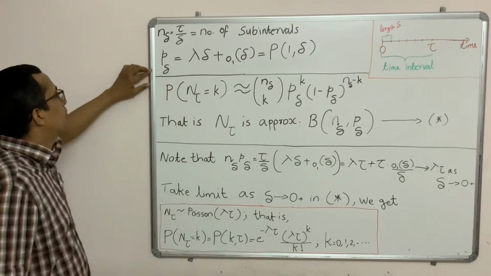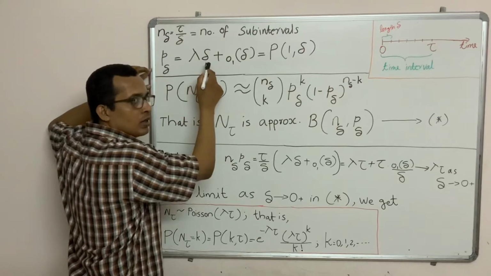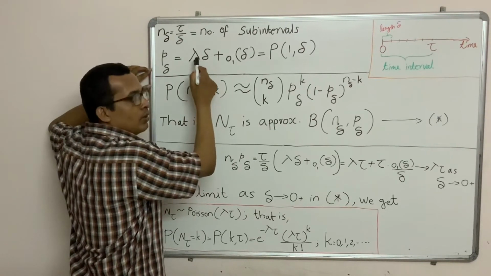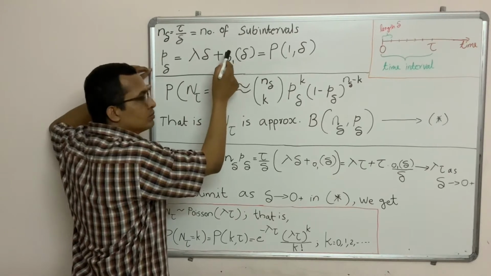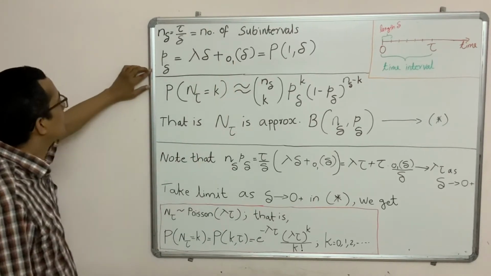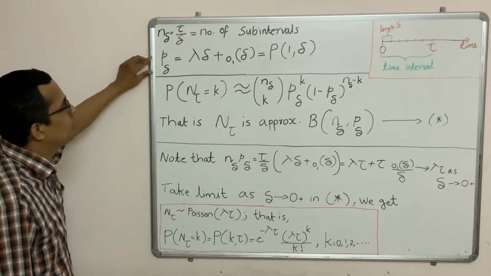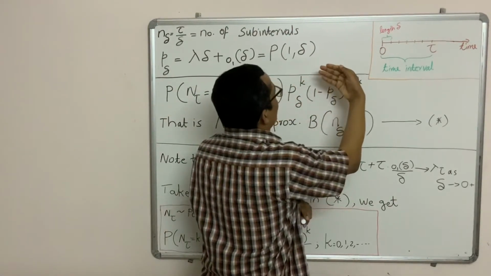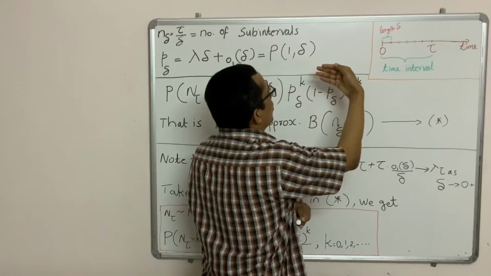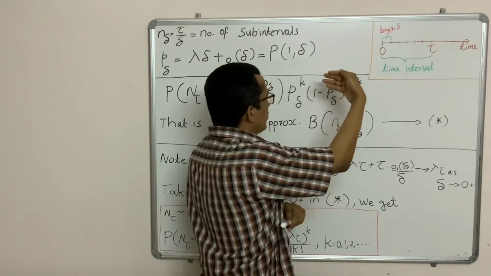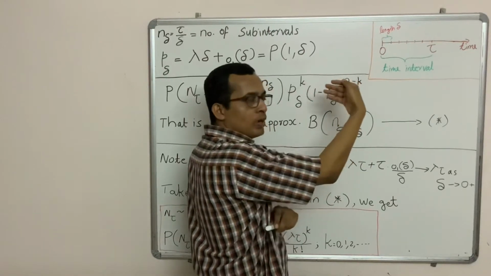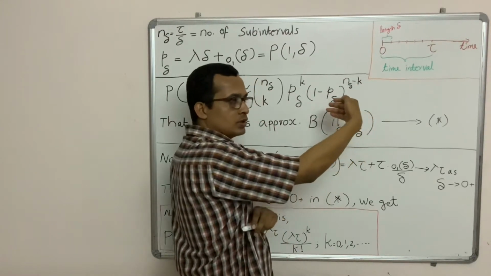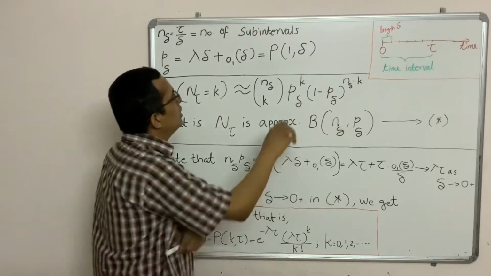That is approximately equal to lambda delta, because lambda is the arrival rate times the interval length, plus some small error term of order delta. So you can imagine each subinterval has either no arrival or one arrival. The probability of a higher number of arrivals is negligible. That's what the third property of the Poisson process says.